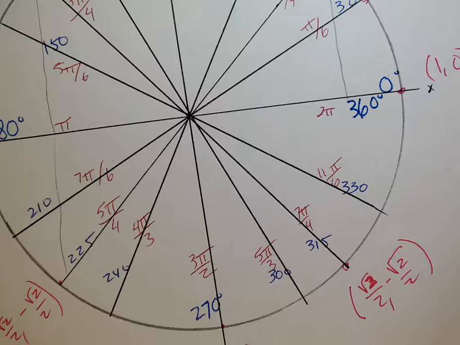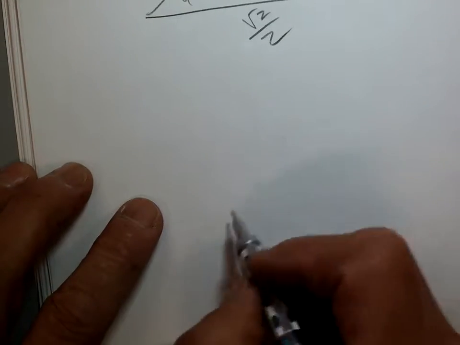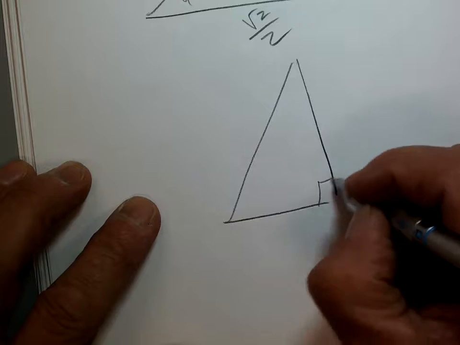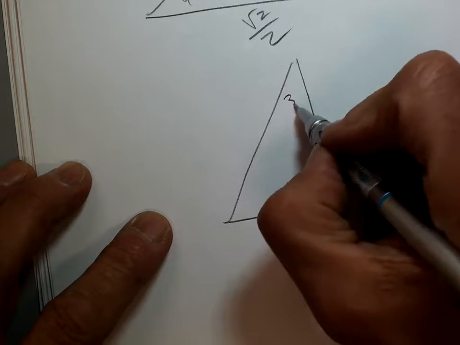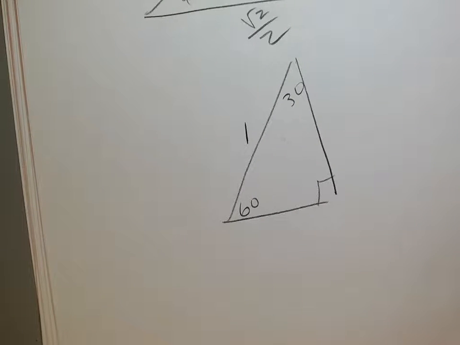Now, if I go back to my triangles, and I take a look at this triangle that we did a couple of days ago, I had my 30, 60, 90 triangle. If this is 1, it's that one there, right?